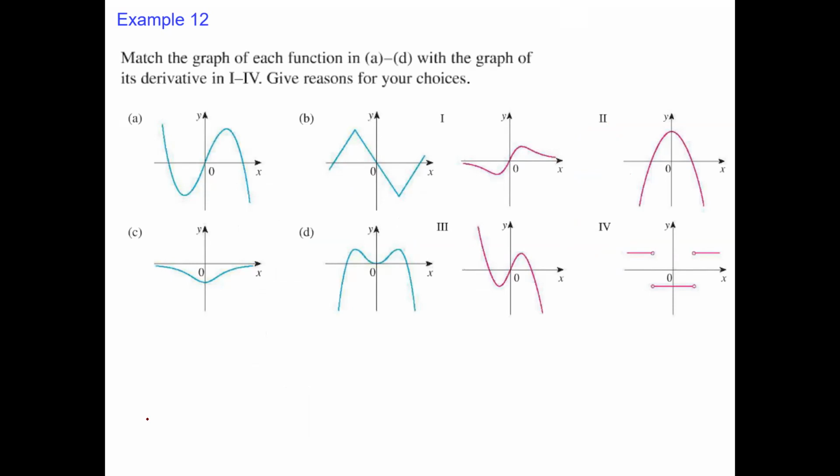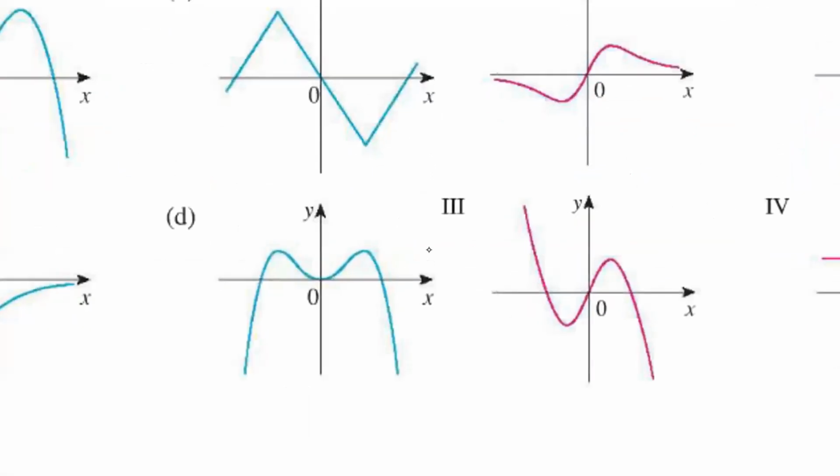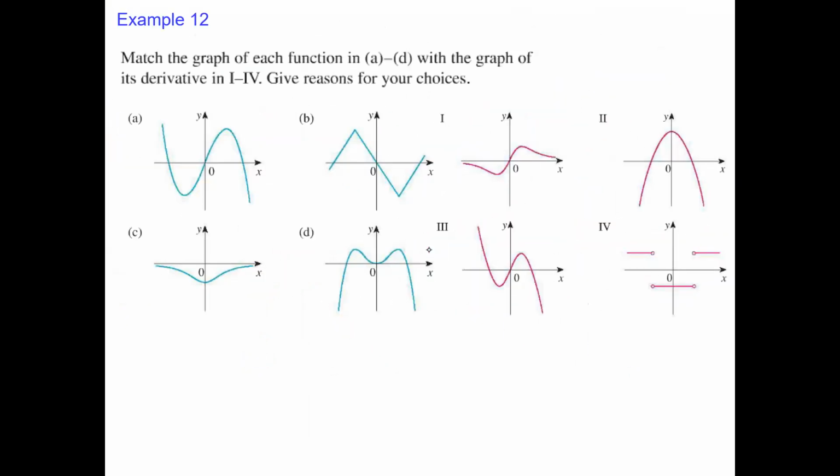Okay, let's look at maybe graph B. Graph B, because it's just straight lines. What we can do now is use the property that the derivative is the slope of the tangent. That's helpful.